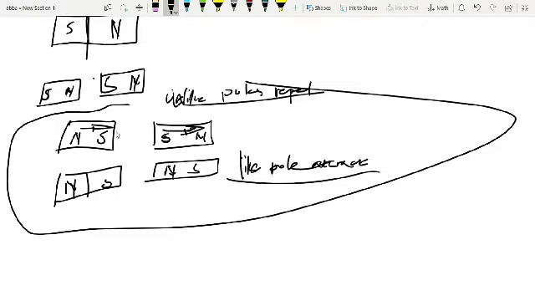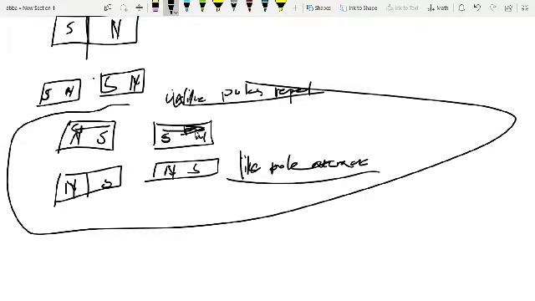Now, if they're going from north to south, or let's say from south to north, they are going like this, right? Now the domains will not interact because of these arrows.